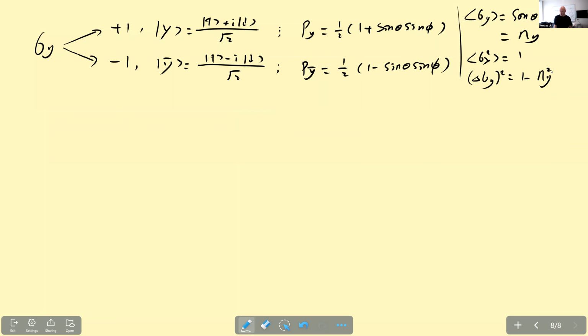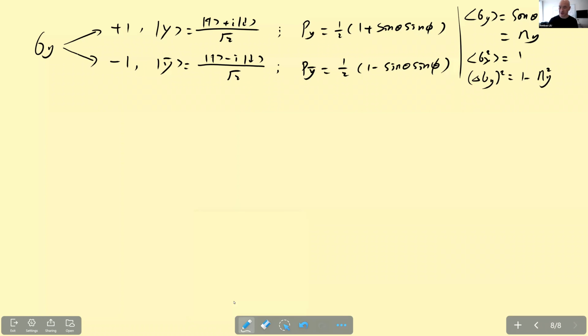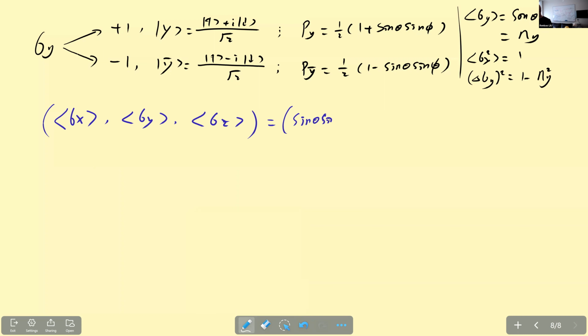Okay? So now put all of this together. You get a very interesting result. So sigma x, sigma y, sigma z have expected values equal to sine theta cosine phi, sine theta sine phi, and cosine theta.